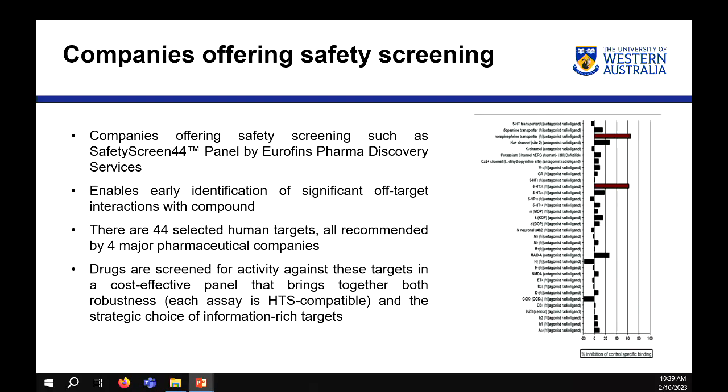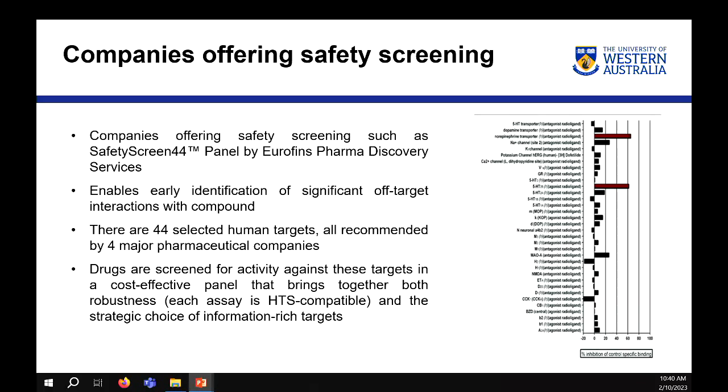So not only do we screen in animals for drug safety, but companies are offering other safety screening. So there are certain human targets that have been identified, where if the drugs have off-target effects on these human targets, then you can get cytotoxicity.